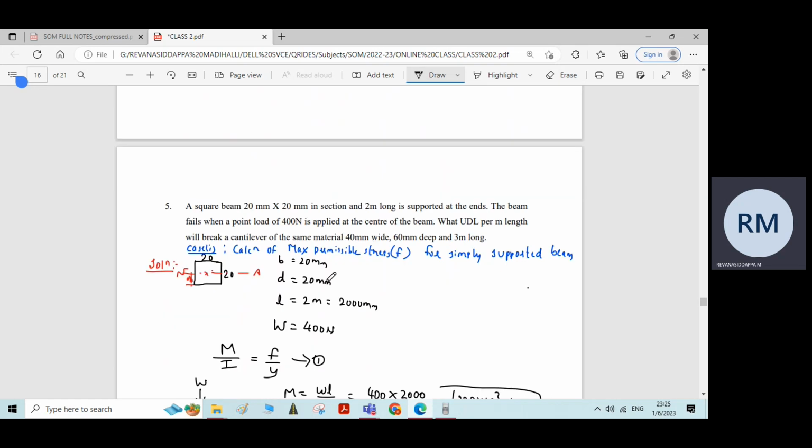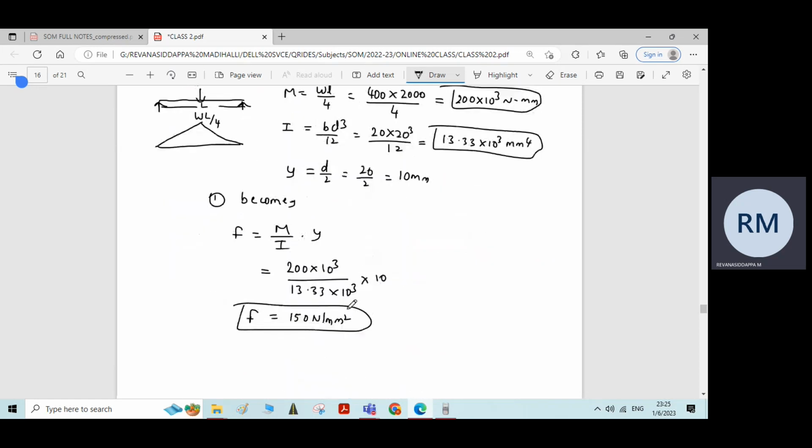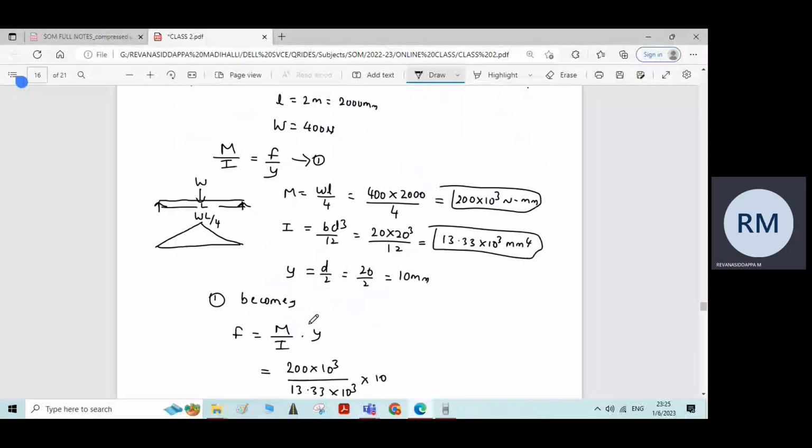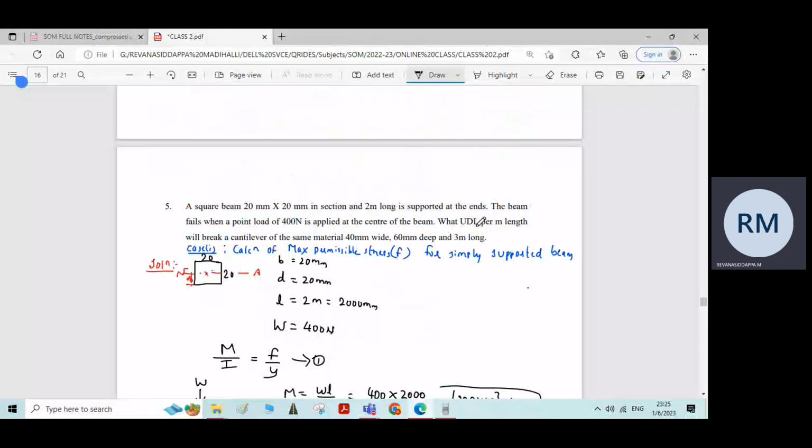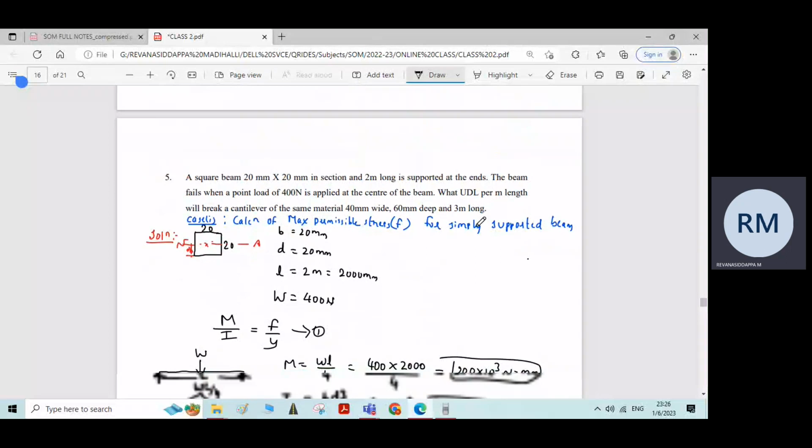In this case it is dimensions 40 mm wide and 60 mm deep. Therefore, as the material of the beam is same, the permissible stress will be same for both the cases. Now we will utilize this maximum permissible stress value for finding UDL per meter length that the cantilever beam can carry. Now case 2.